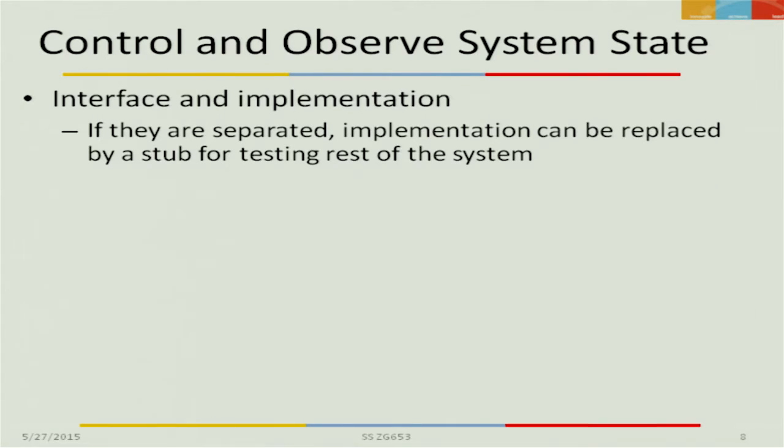Then for some of the interfaces the implementation can be a stub, so that it always goes through and you can come to the main point very quickly, which you want to test. So that's one of the techniques by which you replace some uninteresting part with a stub, so that you can test the required part of the system.